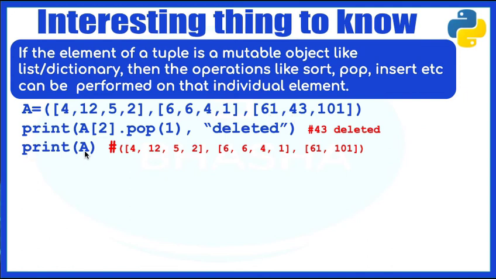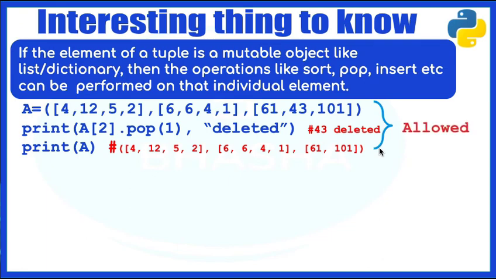So when I print A, I will see 61, 101. Remember, this 43 has vanished. So this is an indirect way of removing one of the elements if a tuple is nothing but a tuple of lists. So the tuple contains the list.